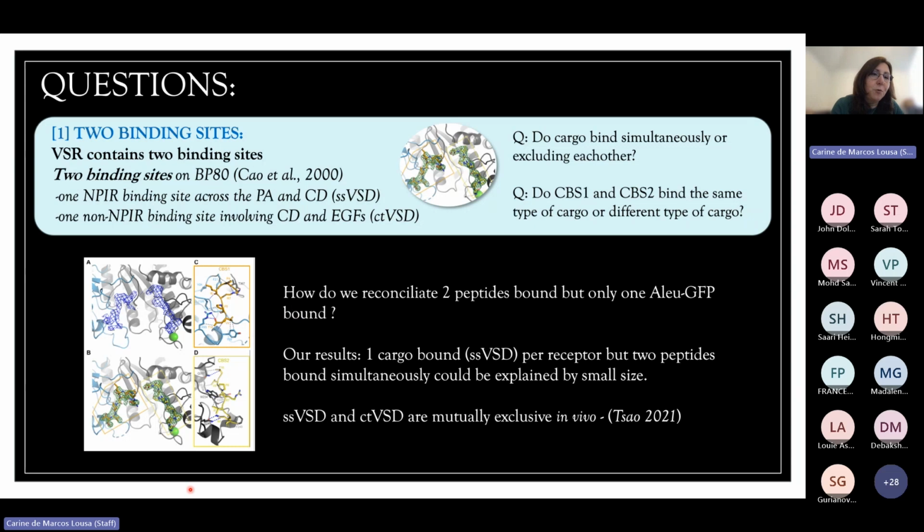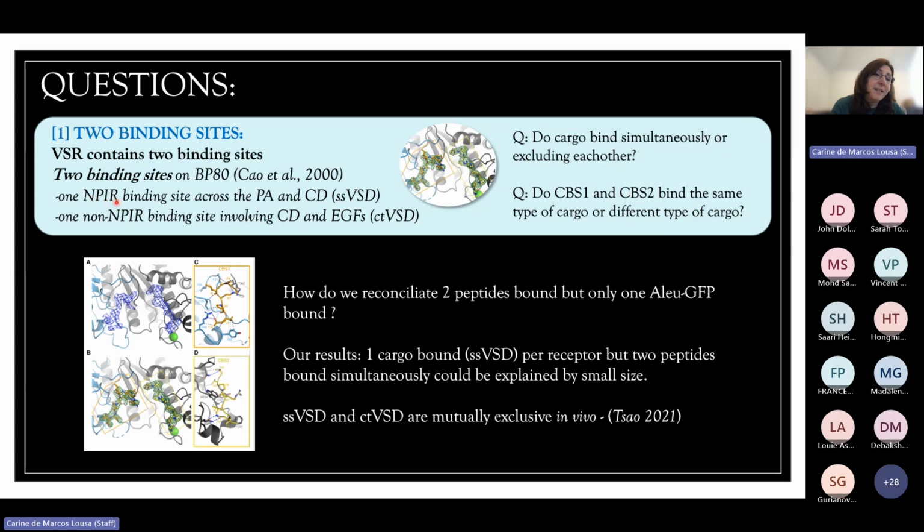Why do we have 2 cargo binding sites in our structures here? And why do they bind simultaneously? So as you have seen by the SEC-MALS, we can find only 1 aleurain-GFP bound per receptor. And the reason, Cao et al. have published that the receptor has 2 binding sites.